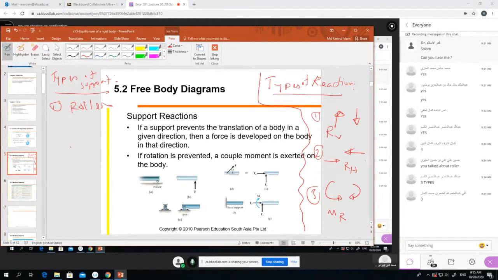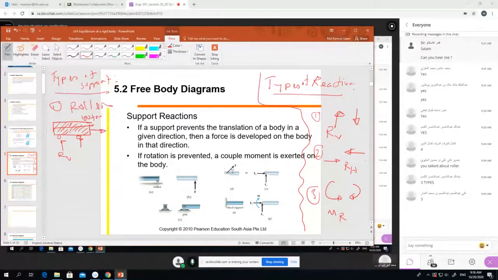I discussed it to some extent, and in the video I have shown you a roller, something resting on a roller. Suppose a 100 ton load is resting vertically. The roller can give us a vertical reaction.